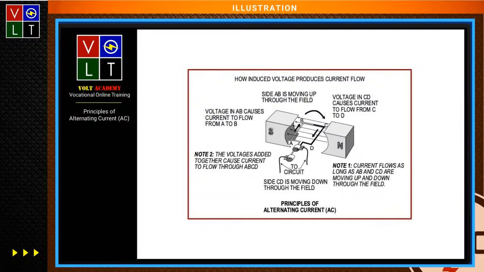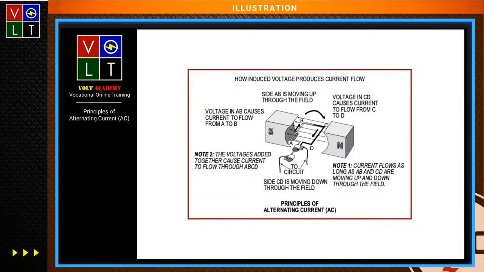Is that a right-hand rule or a left-hand rule in this diagram? Right hand. Now, as you look at this action, for as long as AB is moving up, CD is moving down.